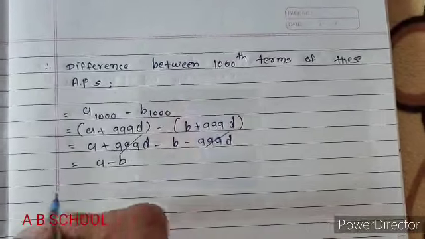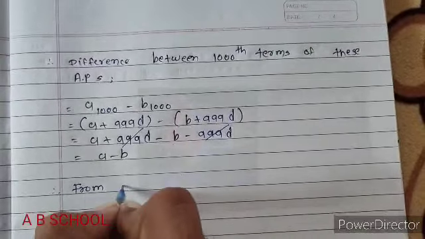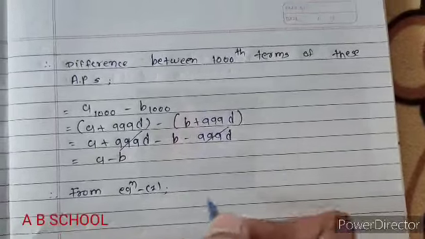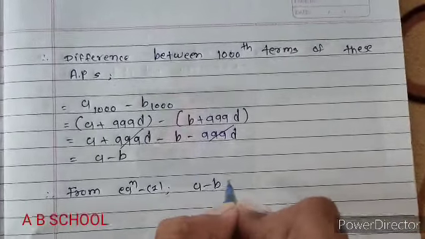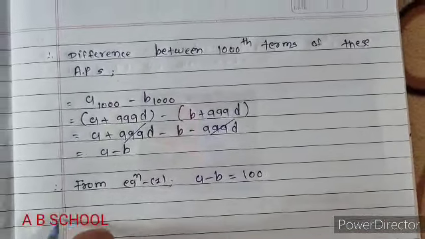Now from equation number 1, the value of A minus B is equal to 100.